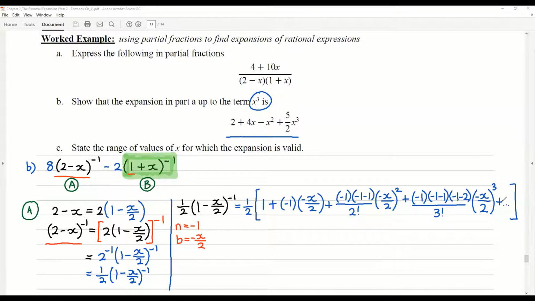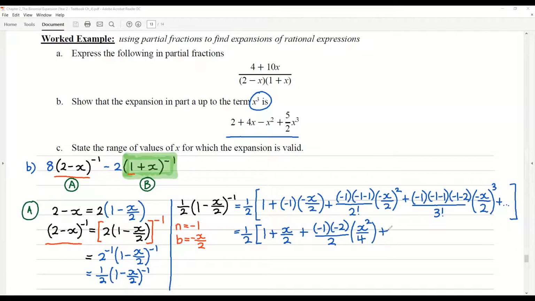Now then, let's just do a little bit more work on this. So this is going to be 1/2 multiplied by 1. Now we've got a double negative in there, so that's going to be plus x over 2. Okay, and then we'll just tidy up these brackets a little bit. Plus -1 multiplied by -2 over 2 factorial, which is 2, and then square the bracket. So that's going to be x squared. Negative x times itself is, of course, x squared over 4.